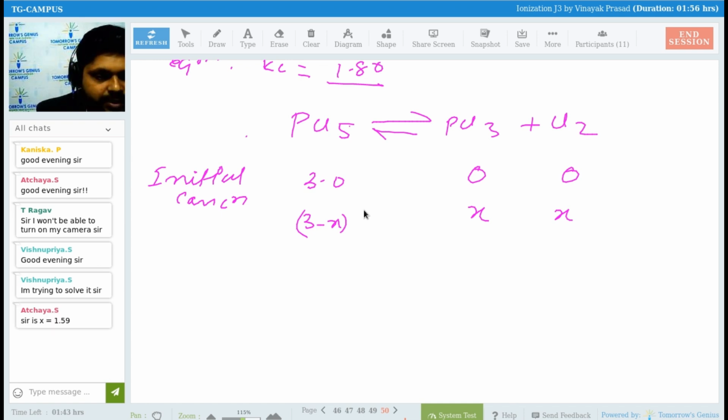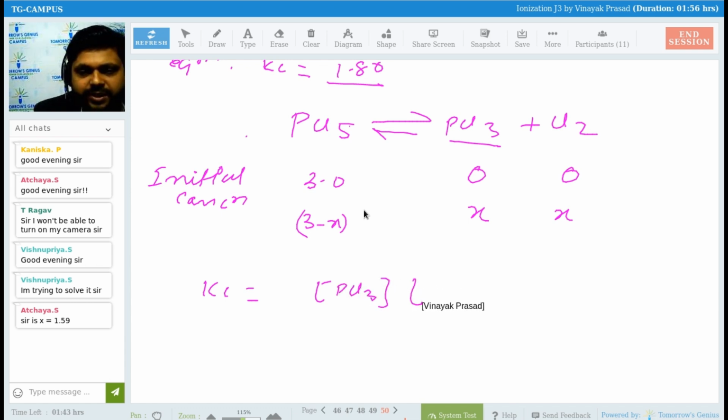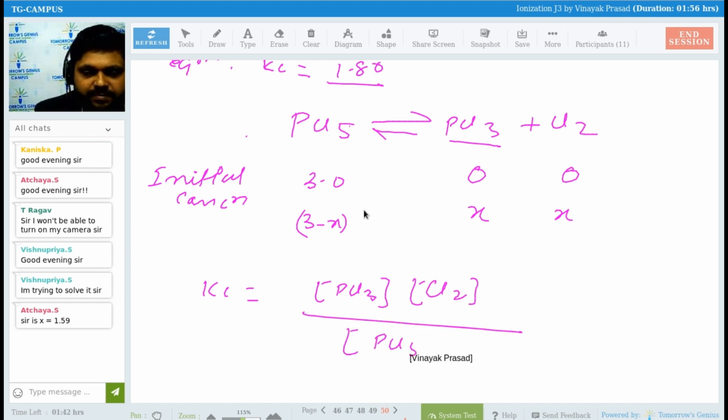See guys, Kc will be equals to concentration of this product, PCl3, into concentration of Cl2 upon concentration of PCl5. Yes or no? What do you say, guys? Now, see here. Kc has been given to you. That Kc is 1.80. So you will be keeping this Kc here.